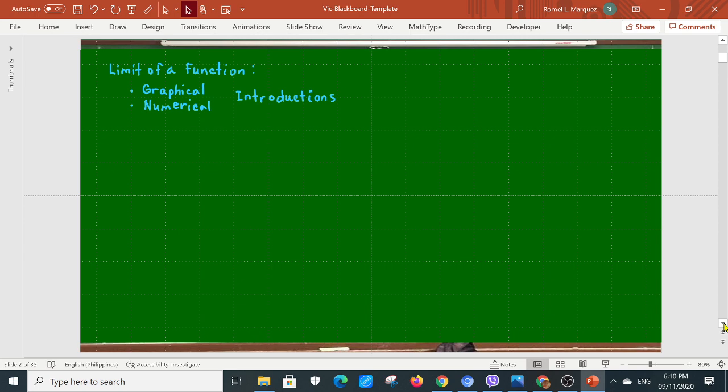So, calculus relies on the notion of limits. Perhaps it is the reason why it is sometimes defined as the study of limits. That is, limit of a function and limit of an area, as what you had in our introduction to differential and integral calculus, meaning when we had an overview.